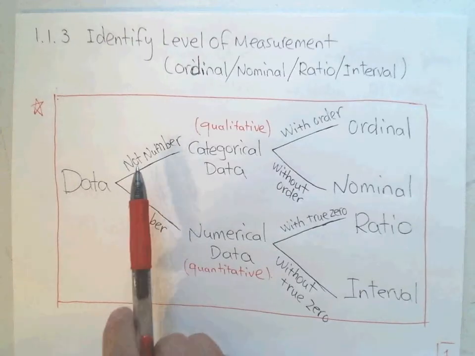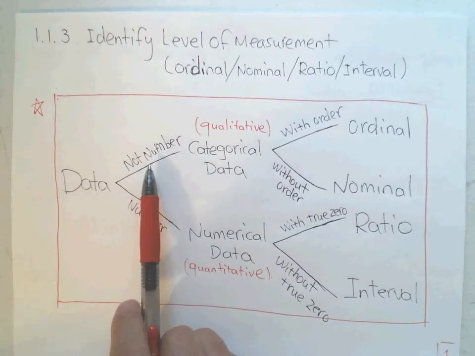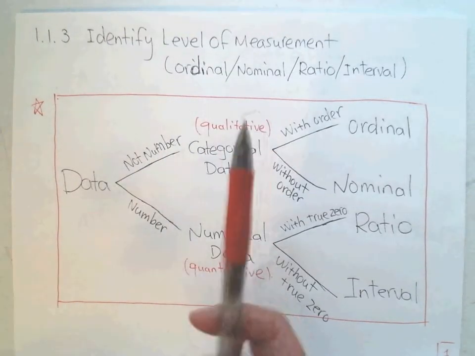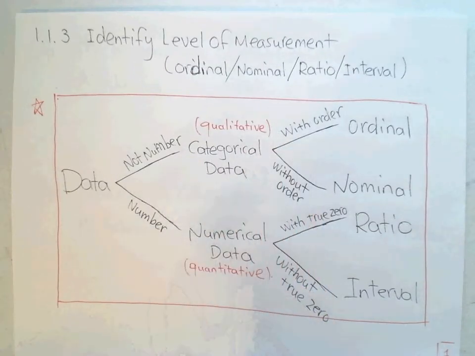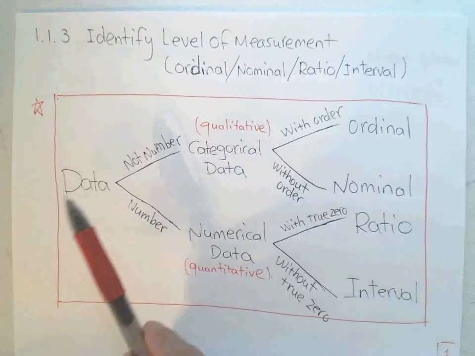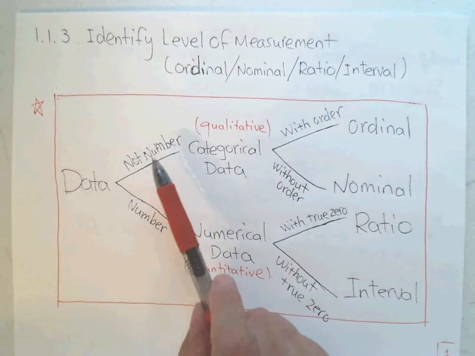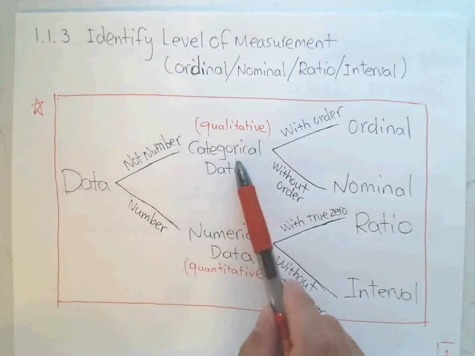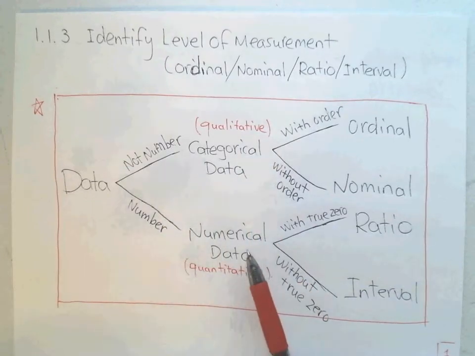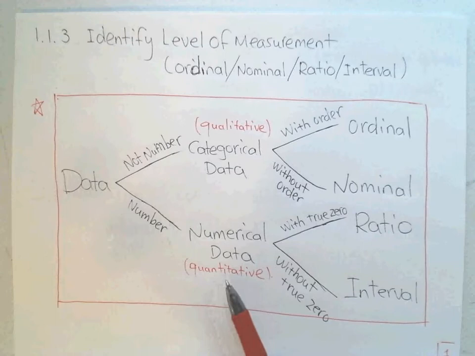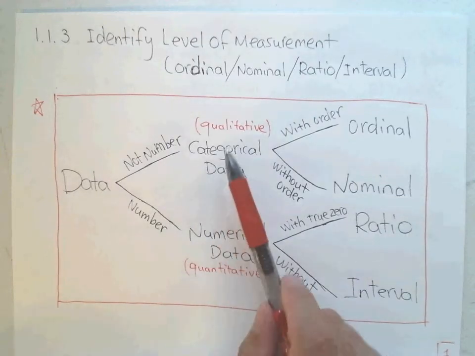For example, the color of this pen is red, and red is not a number, but it is a kind of data. If it's not a number, we call it category data. If it is a number, we call it numerical data. Numerical data we also call quantitative data, and category data we also call qualitative data.